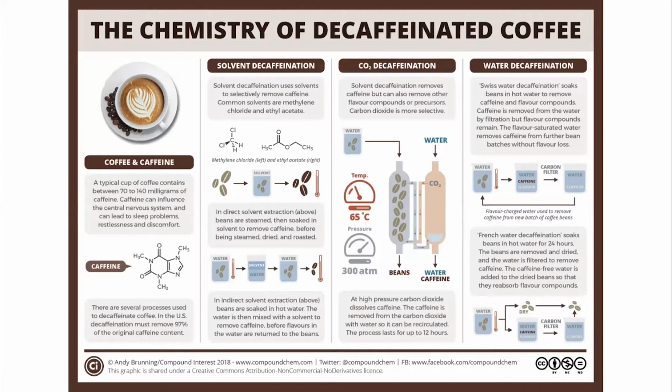Now in the world, most common decaffeination processes involve either a chemical solvent or liquefied carbon dioxide or water. And each method has its pros and cons, and they are all highly efficient. For example, for the solvent decaffeination process, we typically use a chemical solvent called dichloromethane or ethyl acetate.